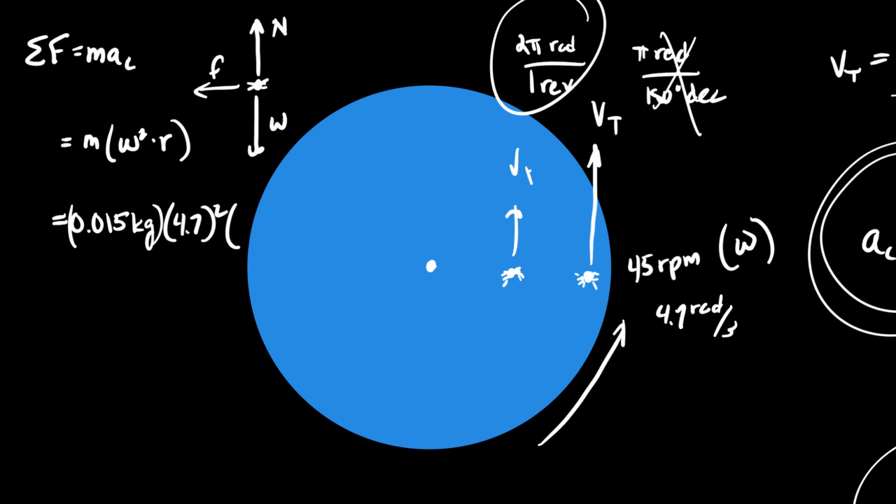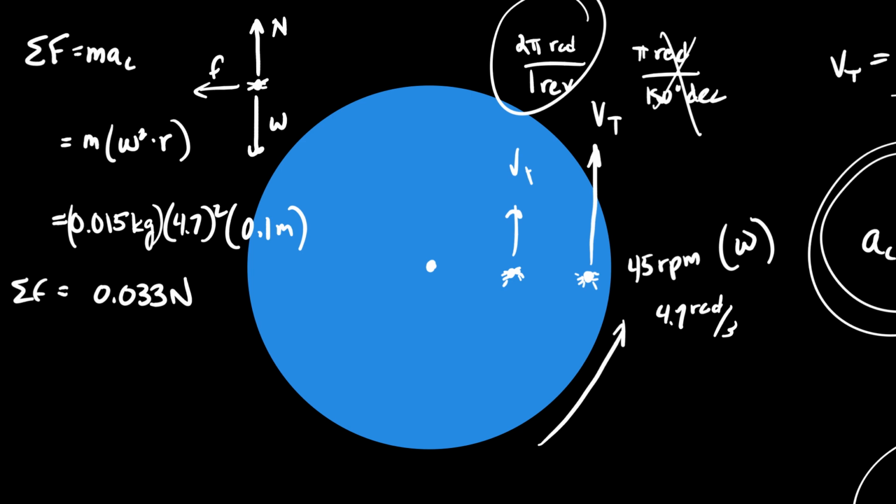They gave me 10 centimeters, so that's 0.1 meters. This is the net force required for the bug to stay on the record. And I get 0.033 newtons. We all good?